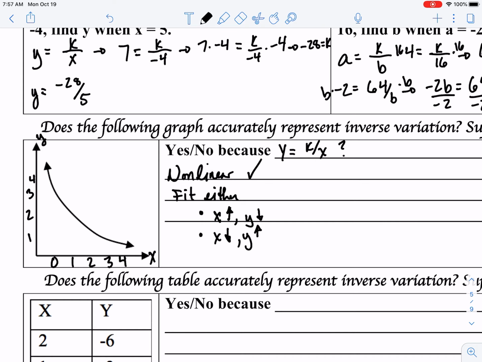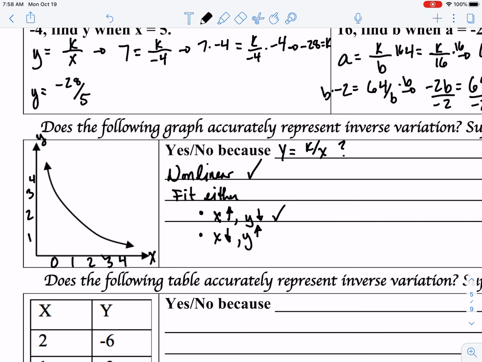And as X is increased, so as I go from left to right on my graph for my X's, I'm increasing. As I increase, my Y values are going down.